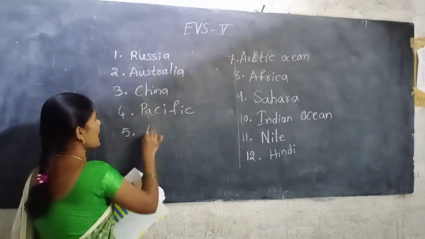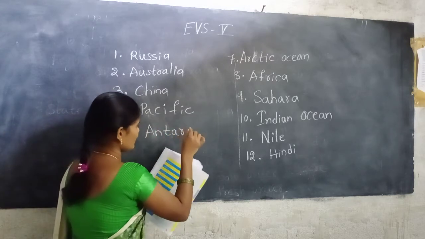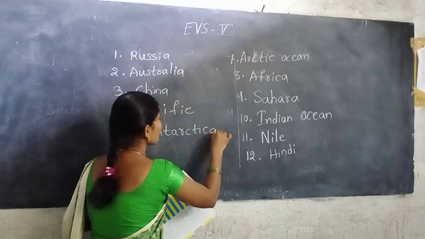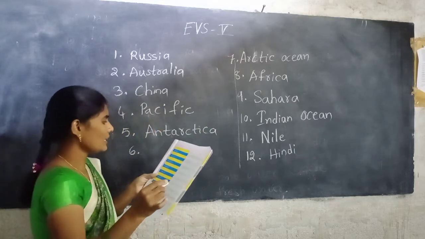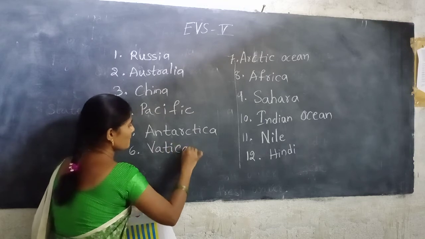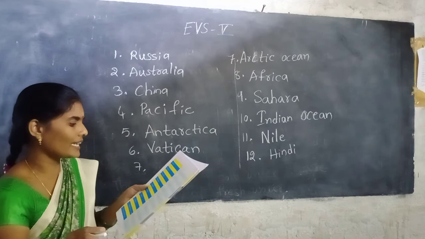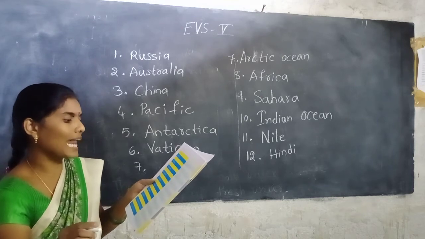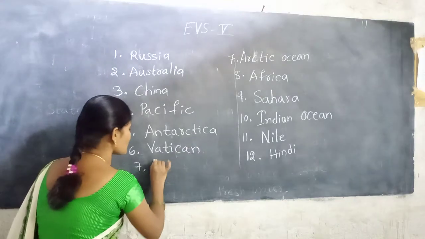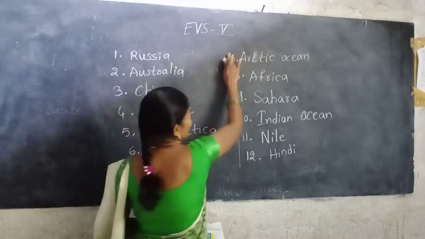Frozen continent is Antarctica. And the smallest country is Vatican. The most popular language in the world is English. And this is the 8th one.